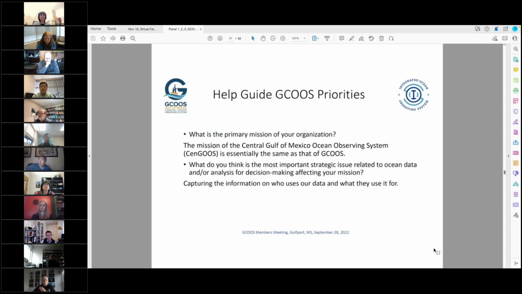So when I looked at the question, what do you think is the most important strategic issue? One thing that's really important for us is capturing the information on who uses our data and what they use it for.